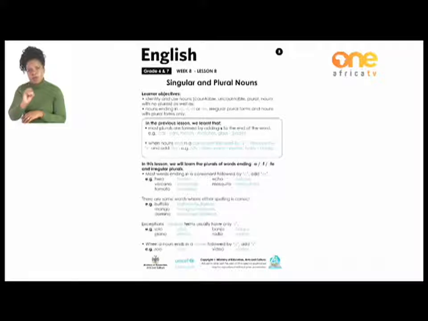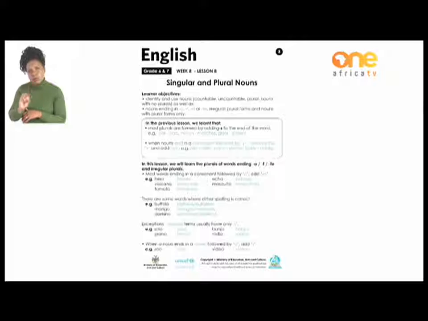However, there are exceptions. With musical terms, we usually have only one S. For example, solo is solos, banjos, piano, pianos, radio, radios.